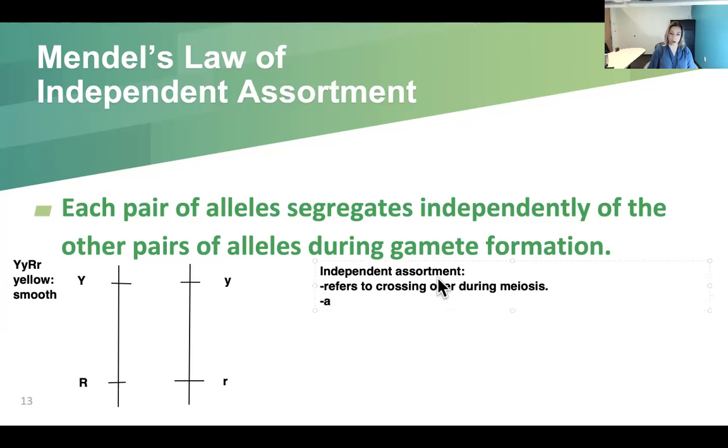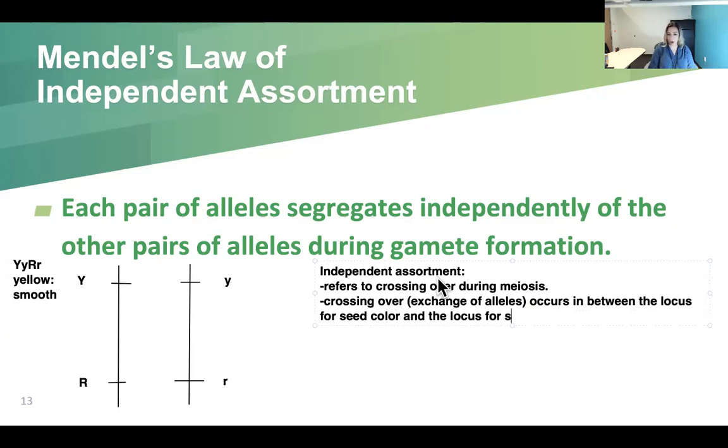So crossing over, which is the exchange of alleles, occurs in between the locus for seed color and the locus for seed texture. Remember, the locus is the location of the gene on the chromosome.